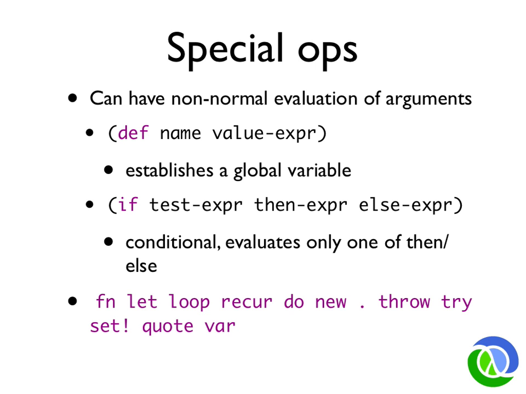If the compiler were to use normal evaluation of the name position, you'd have a problem because you're trying to define what it means. How could you do that? So one of the things about special operators that you have to remember, and it's true of macros as well, is they can have non-normal evaluation of their arguments. Like, the arguments might not be evaluated. In fact, def doesn't evaluate the name. It uses it as a symbol, and it associates that symbol with the value.